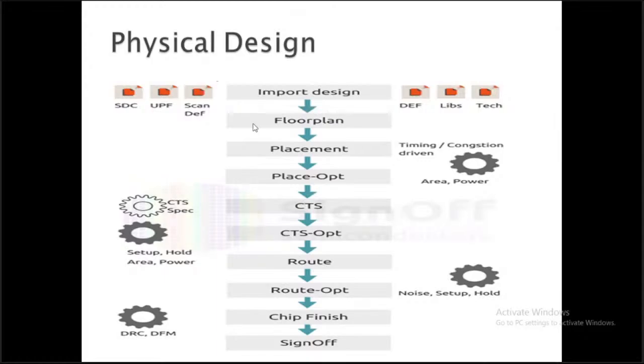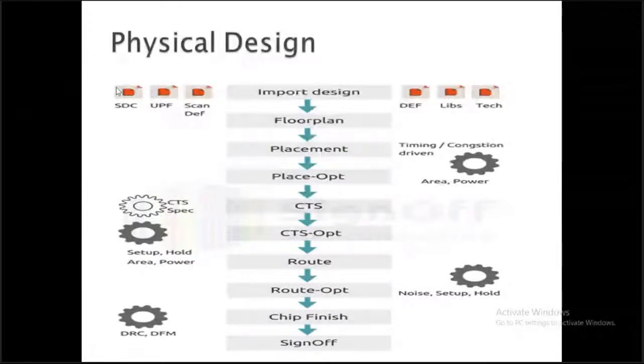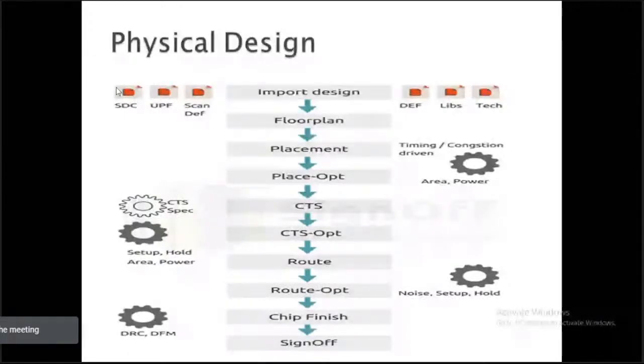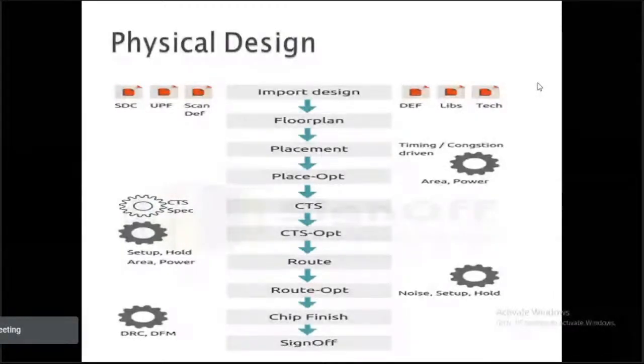So after getting the SDC, that is the design constraints we have set earlier, and the netlist, we import them. There is also some physical data we get in our standard cell library, the LEF, basically Library Exchange Format. Let's take an analogy of a chessboard. We have different blocks there, and each block has its area defined.